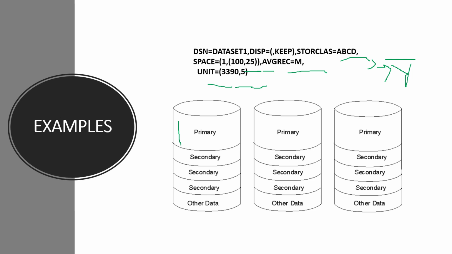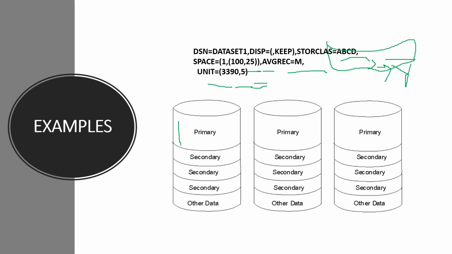So you mention a storage class here, saying that your data set wants to be a multi-volume data set, and in the storage class your guaranteed space is equal to yes. So it will create your data set in 5 volumes. How will it create? Every time it will take a new volume.